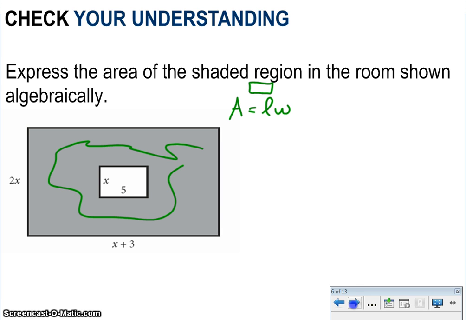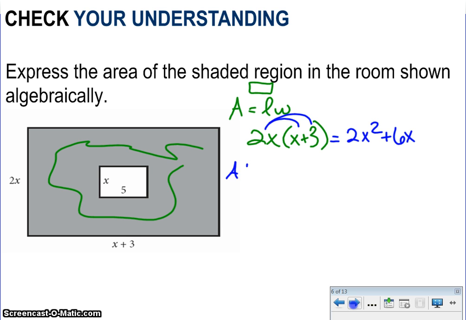So in this case, the big rectangle is 2x times x plus 3. If we distribute it, we know that the area of the big rectangle is 2x squared plus 6x. Now, the area of the smaller rectangle is 5 times x.